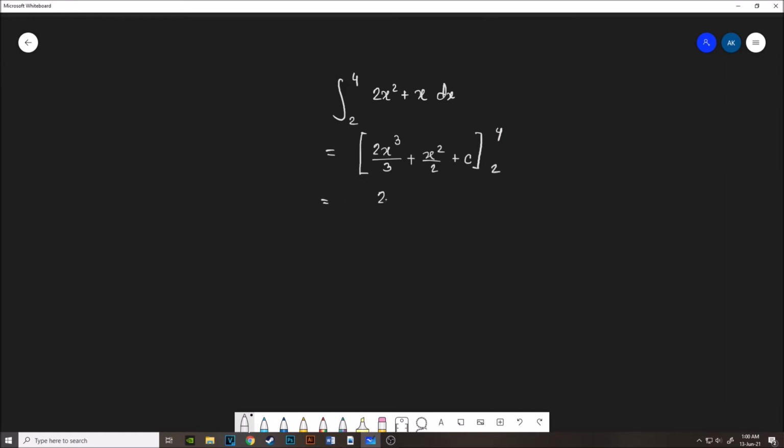So first we put 4 in place of x, the higher limit, and then we put the lower limit.